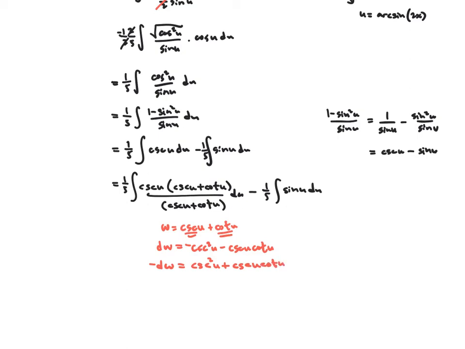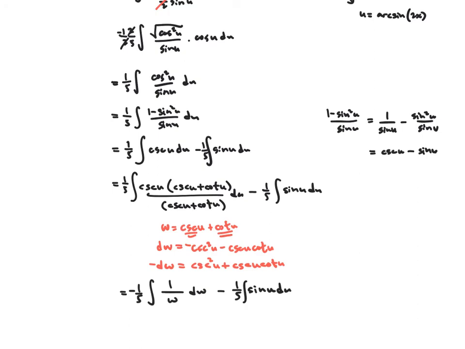All right, this is going to be great. So this will be the integral. Don't forget the negative. Bring that out in front. Negative 1/5. All right, the numerator is negative dw, right? So we've got the integral of 1 over w dw. Cool. Again, minus 1/5 integral sine of u du.